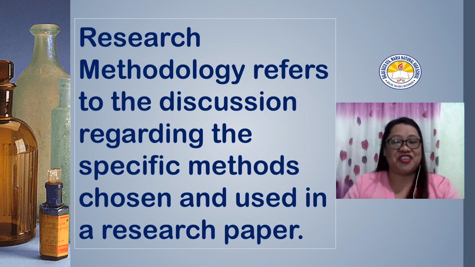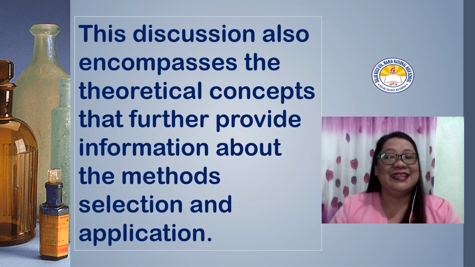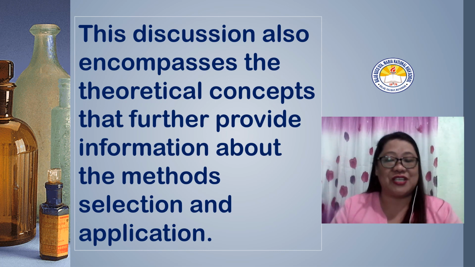Research methodology refers to the discussion regarding the specific methods chosen and used in a research paper. This discussion also encompasses the theoretical concepts that further provide information about the method selection and application.